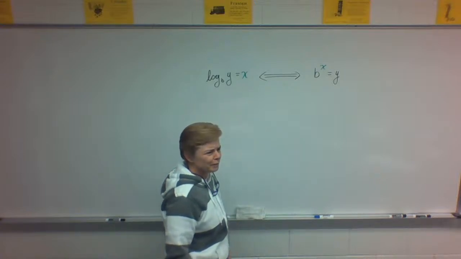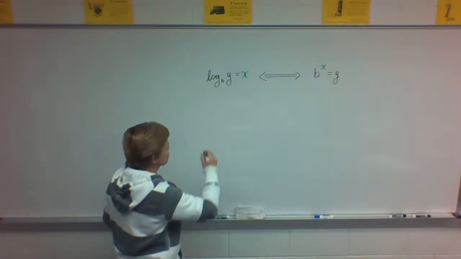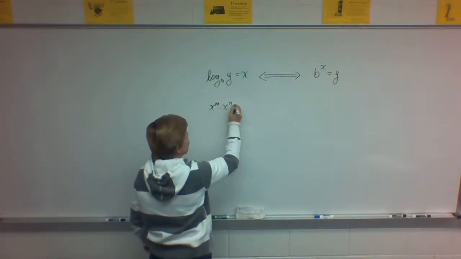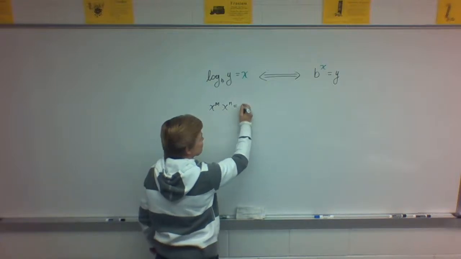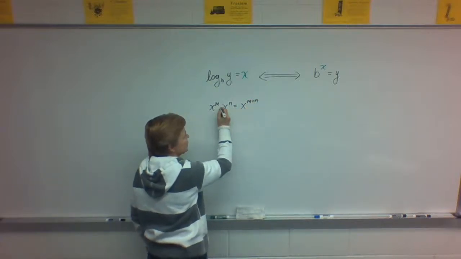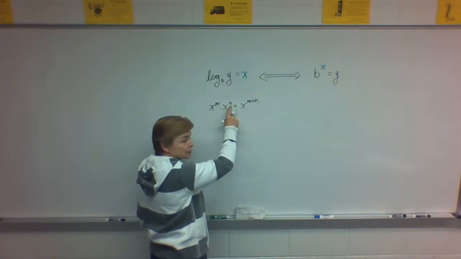But how do exponents behave? Well, you just need a reminder. This is how exponents behave. If you have x to the m times x to the n, what do we get? x to the m plus n. Yeah, because ultimately we're trying to multiply, and so we come down one on order of operations to remind us what to do with these. Remember that little thing I showed you?